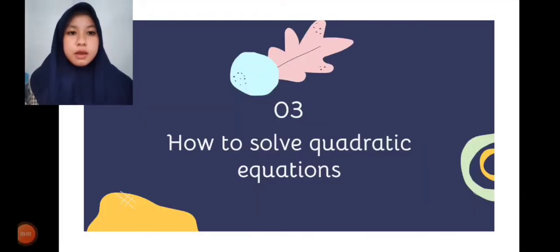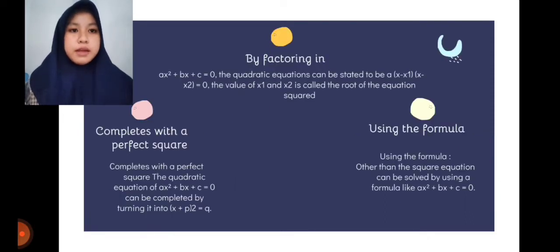Okay, next. How to solve quadratic equation? There are three ways. One, by factoring: ax squared plus bx plus c equals 0, the quadratic equation can be written as x minus x1 times x minus x2 equals 0. The values of x1 and x2 are called the roots of the equation.